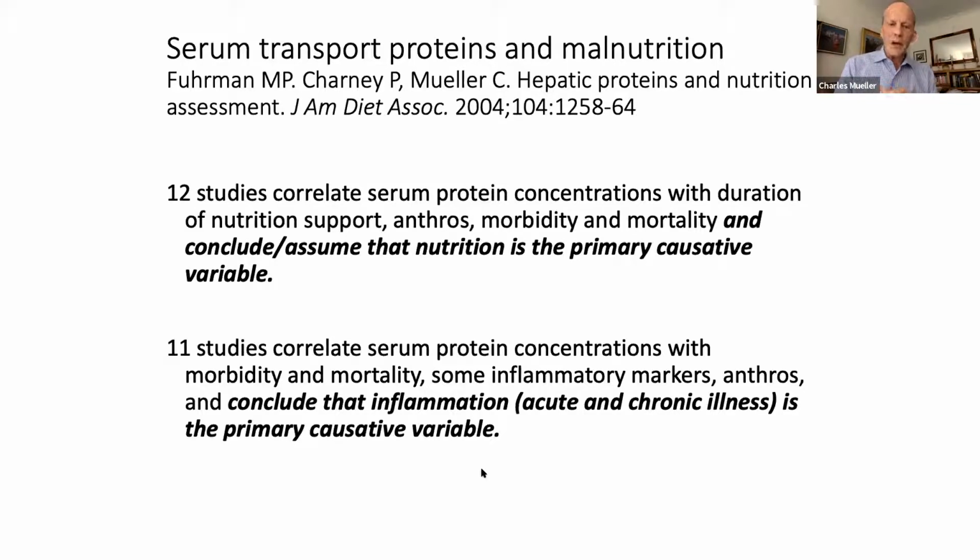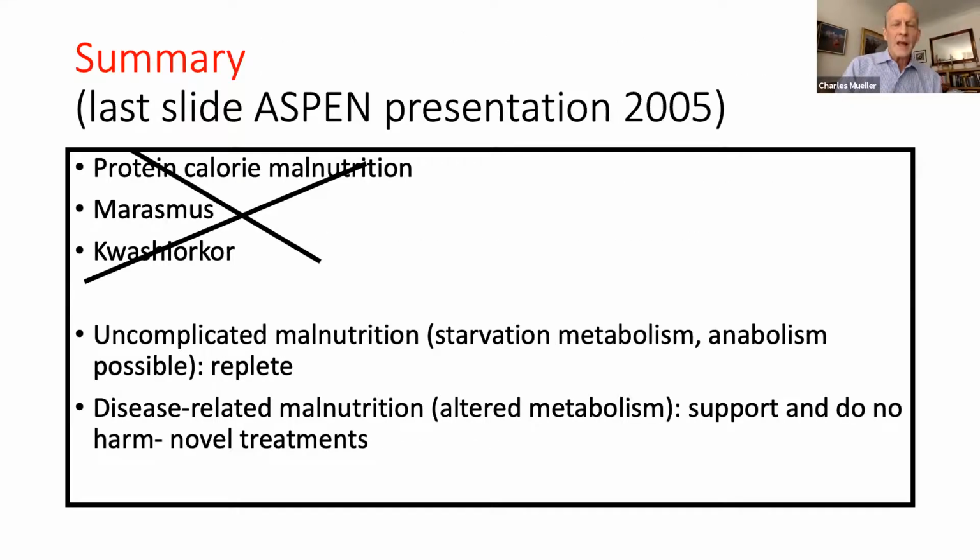Later studies noticed that what these serum protein concentrations correlate with are not only morbidity and mortality, but also a rise in some very significant inflammatory markers. They concluded that inflammation, that is systemic inflammation, both acute and chronic, is the primary causative variable in the decrease in transport proteins.